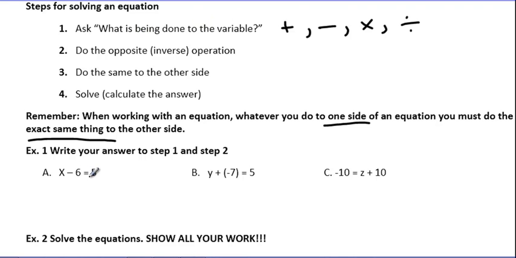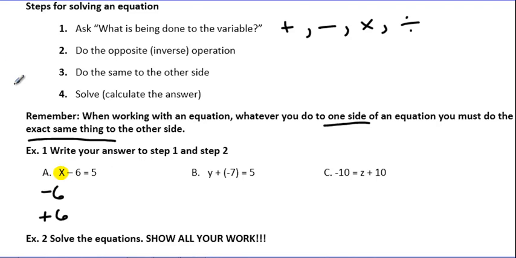I look at my variable, and I notice that I am subtracting 6 from it. So I'm just going to write a minus 6 here. And then step 2 is what's the opposite? Well, the opposite is plus 6. And that's all we're doing, making sure we can identify what is going on in the problem.